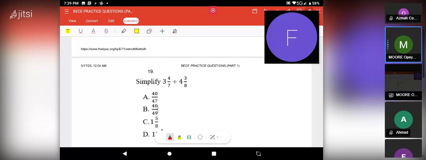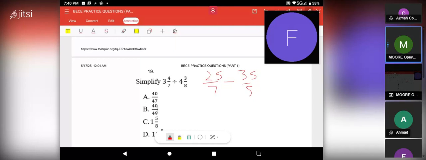We change each of the fractions to an improper fraction. 3 whole 4 over 7 to an improper fraction will become 3 times 7, 21, plus 4. That will become 25 over 7. We now have divided by 4 times 8 is 32 plus 3 to give us 35 over 8. We don't need to look for the LCM.